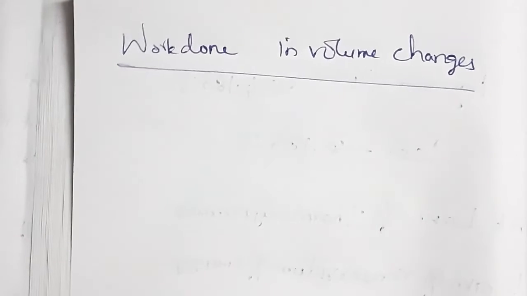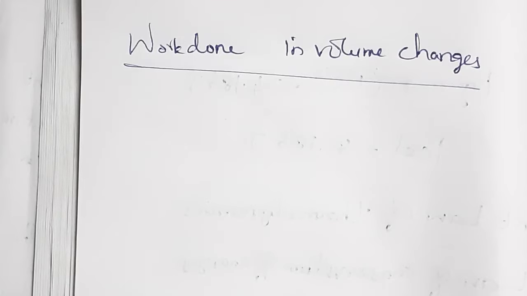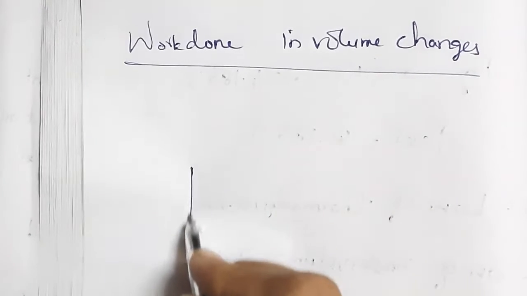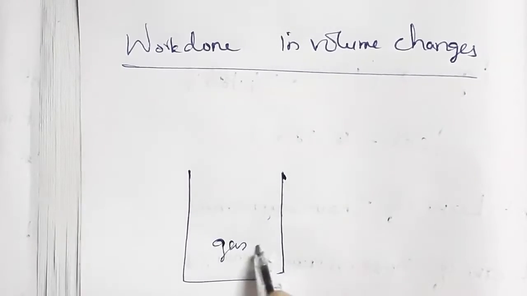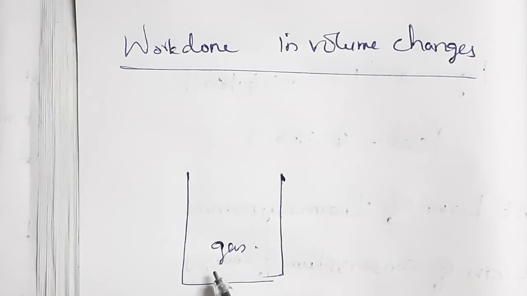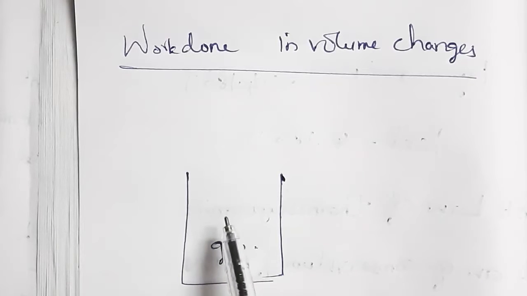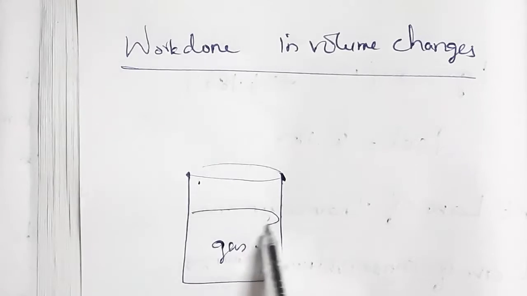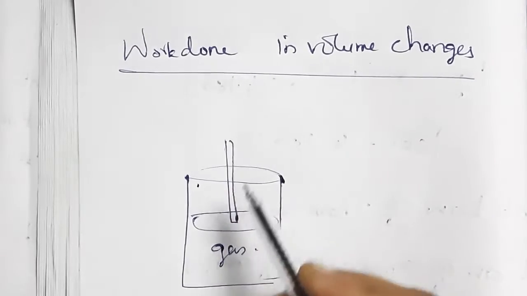Let's see the work done in volume changes. So consider a container which is filled with gas. A movable piston is placed in this container, a cylindrical container, and here a piston which is placed, movable piston.